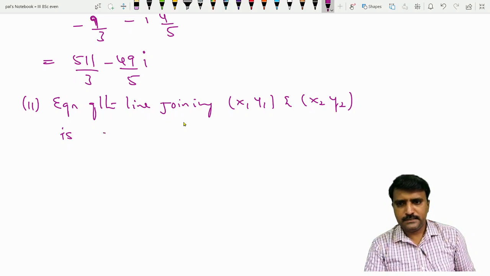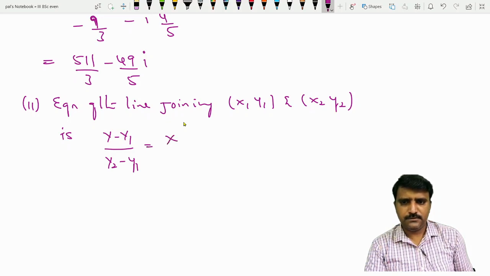So it is y minus y1 by y2 minus y1 is equal to x minus x1 by x2 minus x1.